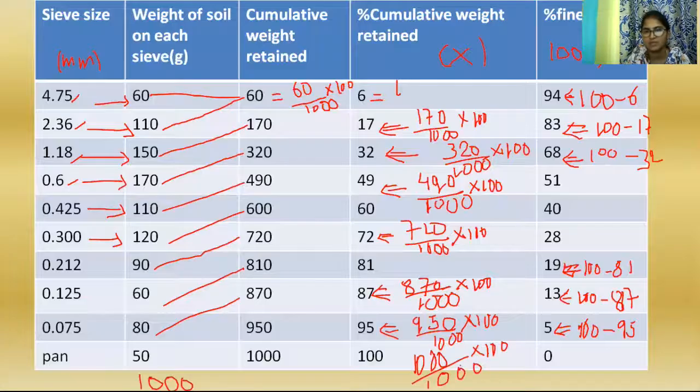After completion of the tabular form, you draw the graph between percentage finer and sieve sizes.